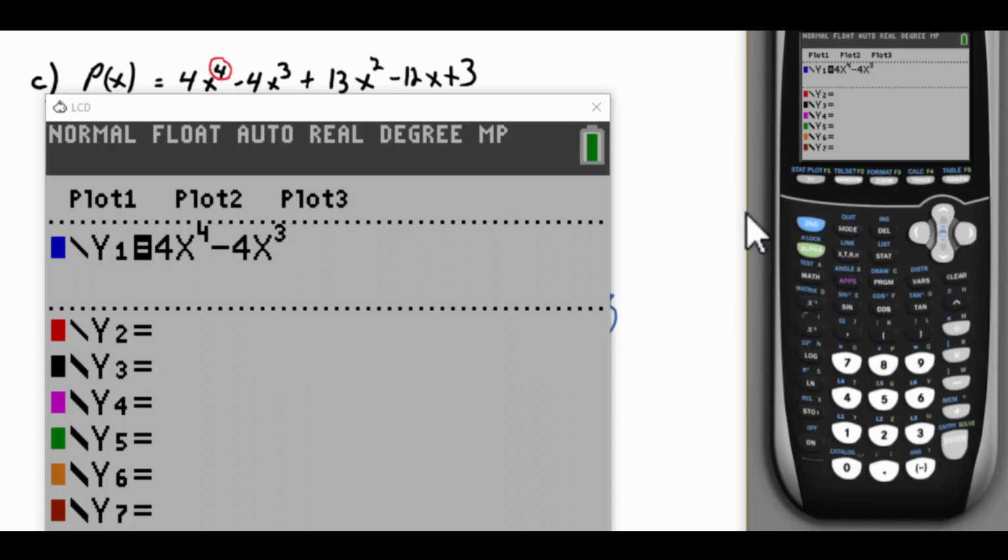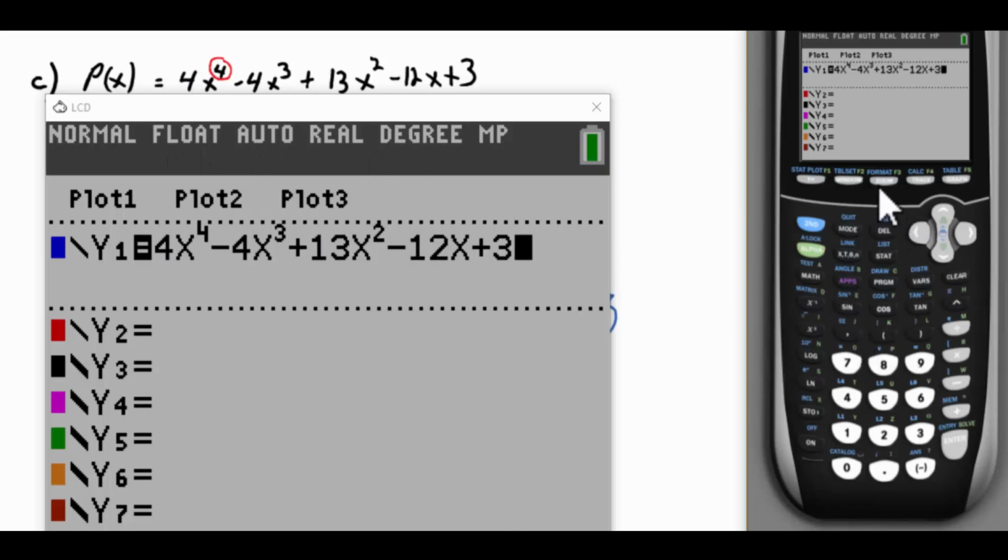Got to get out of that exponent. Plus 13x squared, minus 12x, plus 3. Double check it. It's easy to make a mistake on my virtual calculator.